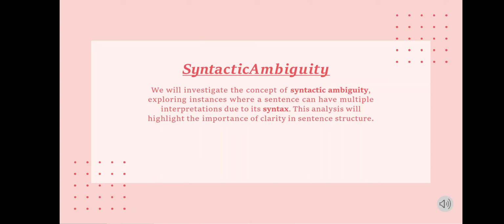Those are things that help us to avoid ambiguous words and ambiguity in syntax. By employing these strategies, writers, speakers, and listeners can reduce the likelihood of syntactic ambiguity and ensure that their messages are conveyed clearly and effectively.